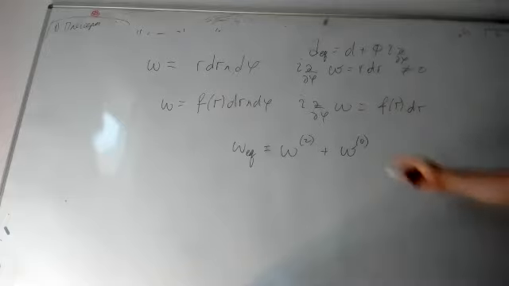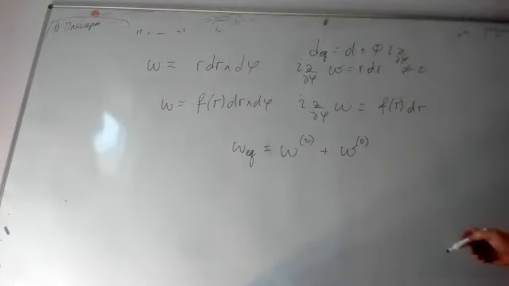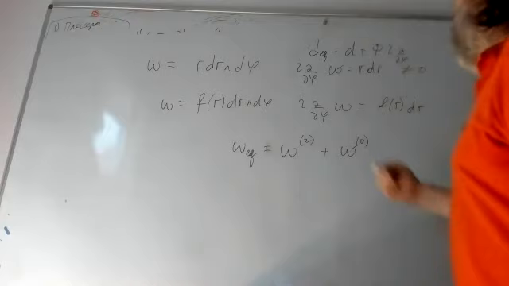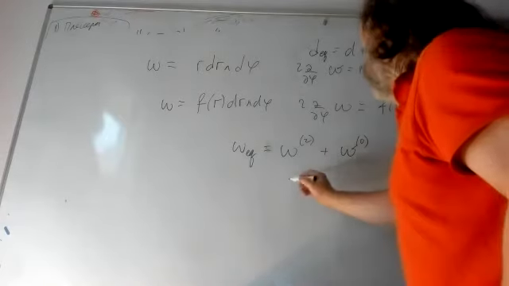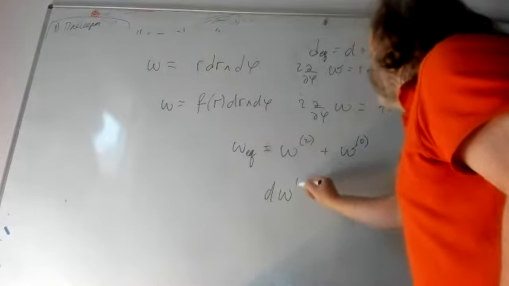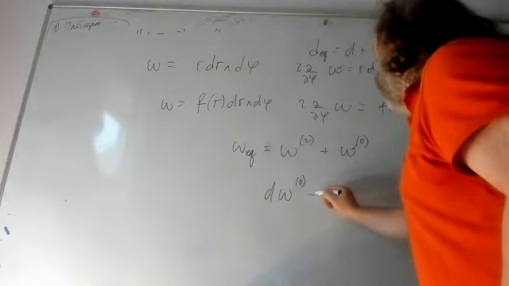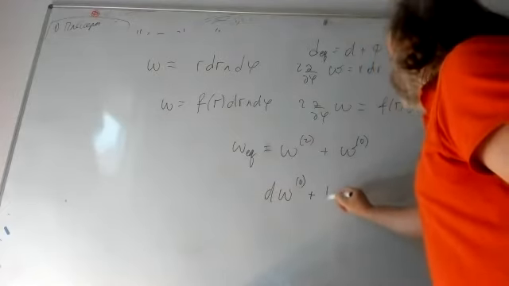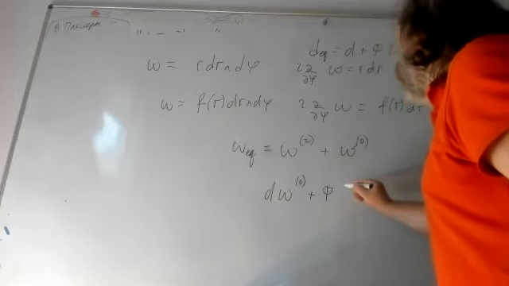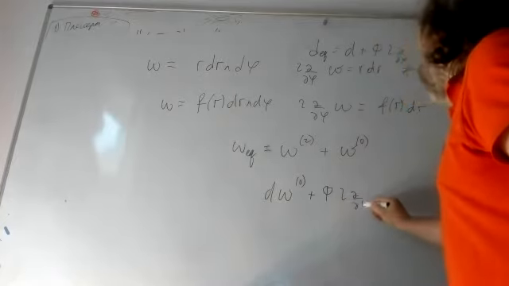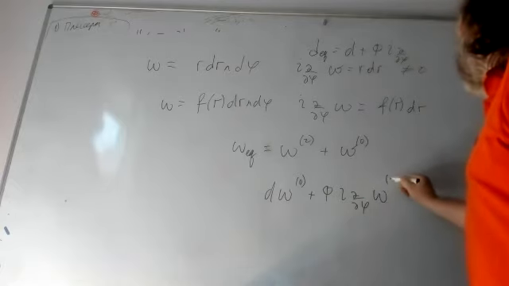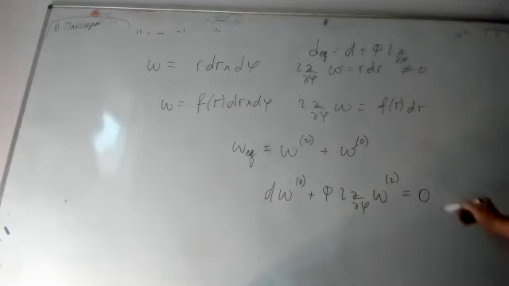So this is a function, this is a two form. Now, in our particular case, d omega 0 plus phi i d over d phi of omega 2 should be equal to 0. So we have to solve this equation. I call it equation 1.